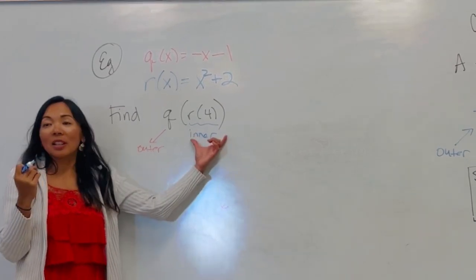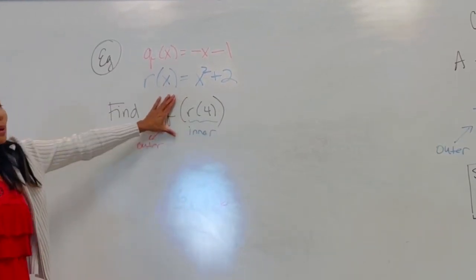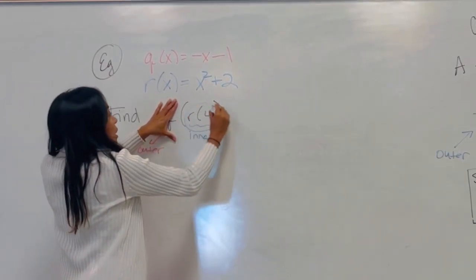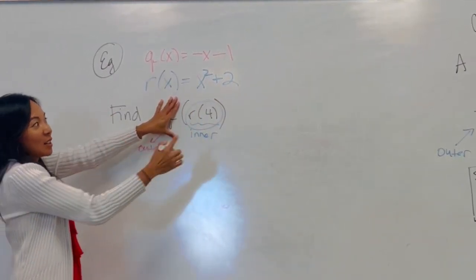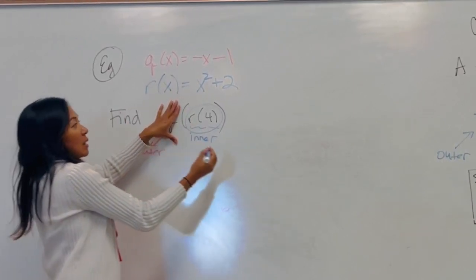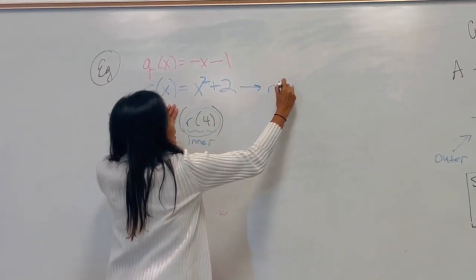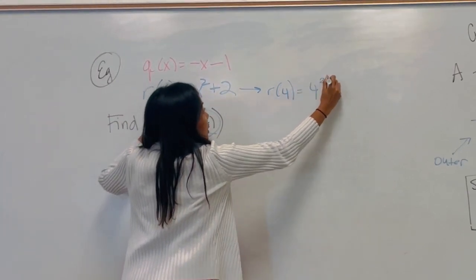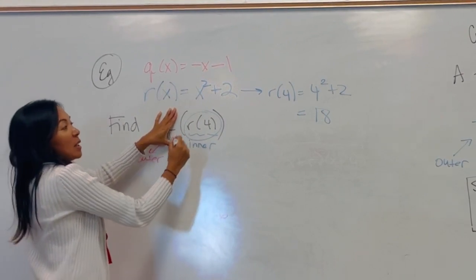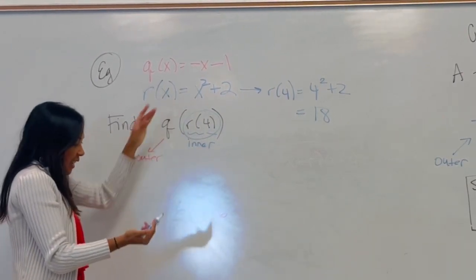R. You always look at the inner. So ignore mama, ignore the outside. Look at the inside. What is R for? You're going to feed the baby the number 4. So you feed the baby the number 4, what do you get? 18. Good. 4 squared plus 2 gives you 18. When you feed the baby, it spits out 18.